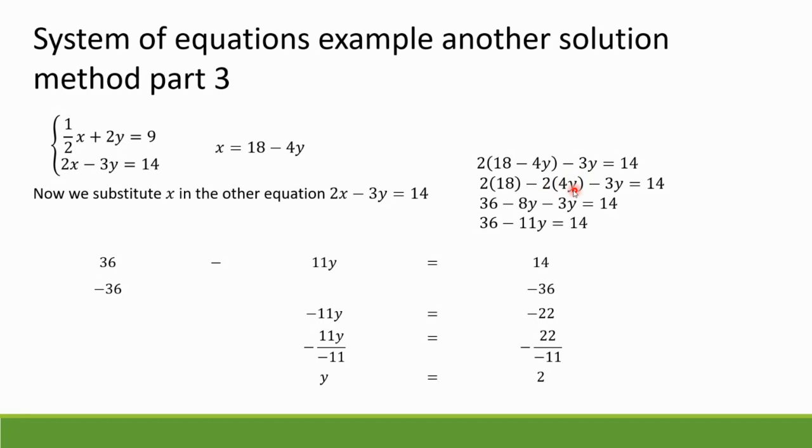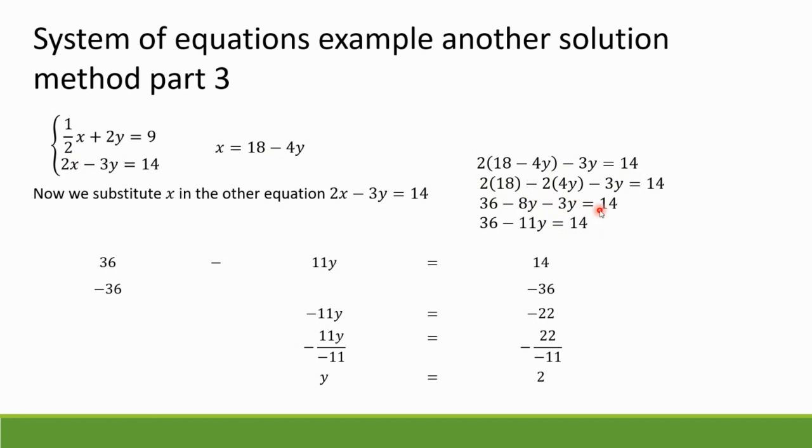I mean, normally you would see x here. You think of x as a variable that you solve for. Here, we're going to solve for y now. So we do that now. Oh, sorry, excuse me. We plug it in for x, as you can see. So we have 2 times 18 minus 2 times 4y minus 3y is 14. 2 times 18 is 36. 2 times 4y is 8y.